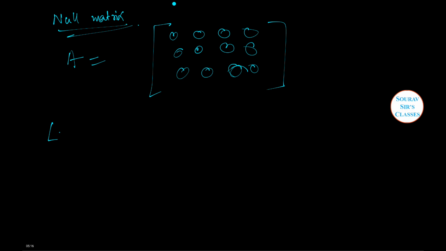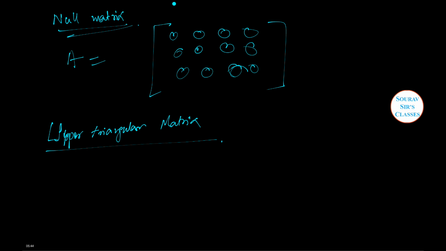Now we move on to the upper triangular matrix. A square matrix is called an upper triangular matrix where all the elements below the main diagonal or the principal diagonal are 0.